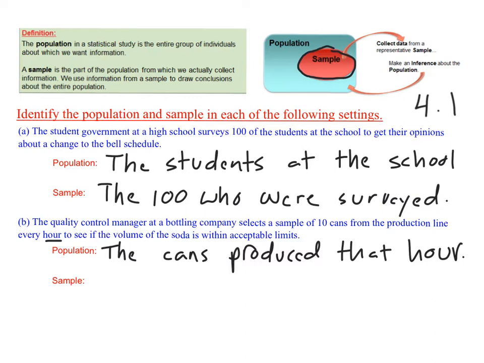In the second problem, it's a can. Is it possible that they were picked? From what it's describing in the second one, if the can wasn't produced that hour, it's not even possible that it was picked. So I did say for the population, it's all the cans produced that hour. And then the sample would be the 10 cans selected.